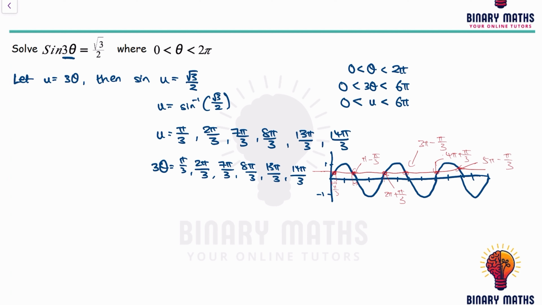Once I divide by 3, I get pi over 9, 2 pi over 9, 7 pi over 9, 8 pi over 9, 13 pi over 9, and 14 pi over 9. So these would be my solutions.